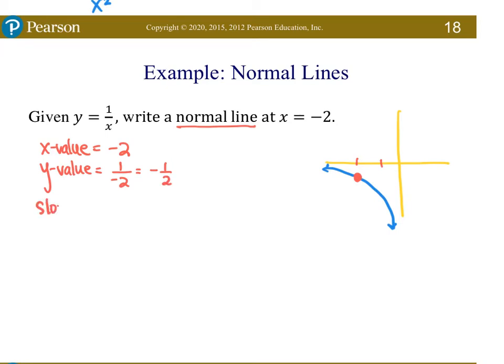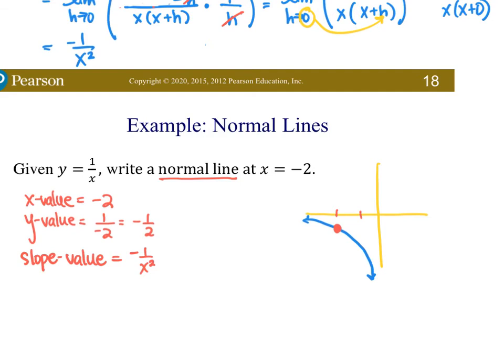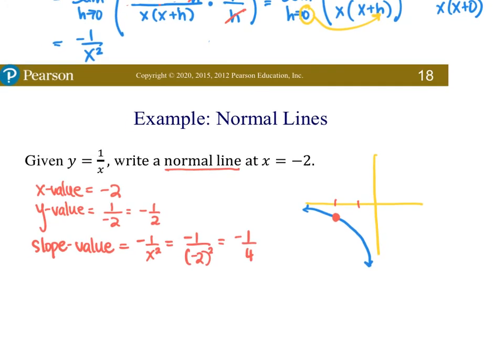My slope value comes from plugging it into the formula that we determined for the slope, which was -1 over x squared. So I will put -2 into that. -1 over parentheses -2 squared. That's -1 over 4. That is called the slope value.